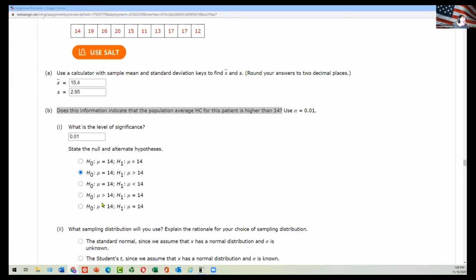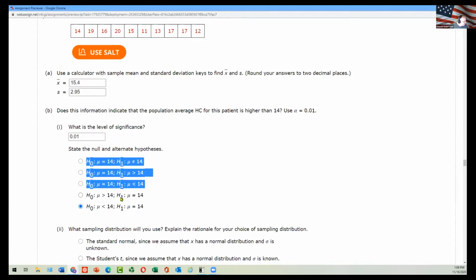And isn't the first one always equal to 14? These two at the bottom, just totally ignore them. They're never going to be true. So there is the null, that her average is 14, just like a healthy person. And the alternate is, is there evidence to show that she's actually higher than 14?